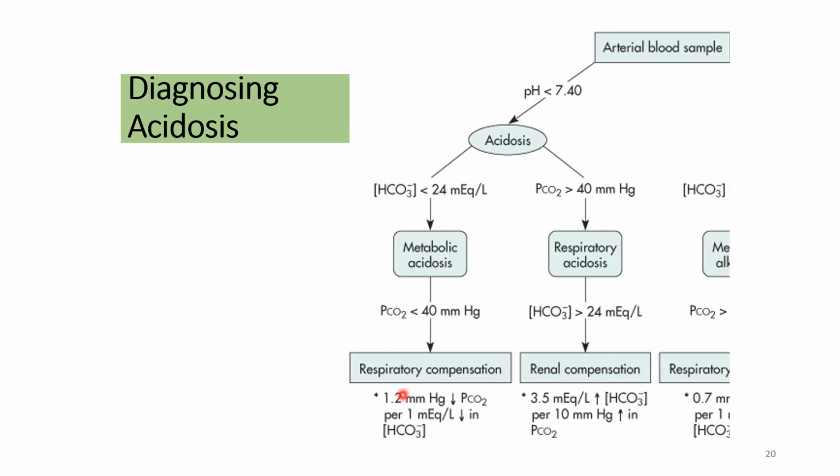So this is quantifying your compensation. If you don't remember this, it's not a huge issue at this point in time. However, when you actually start nephrology, you'll be dealing with these figures a lot. Okay, so this is this wing of this algorithm.